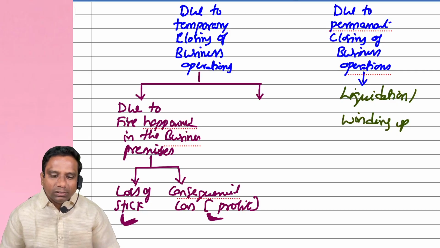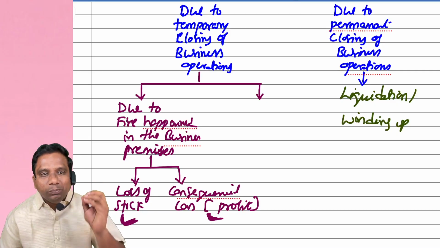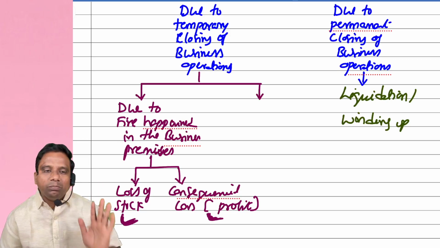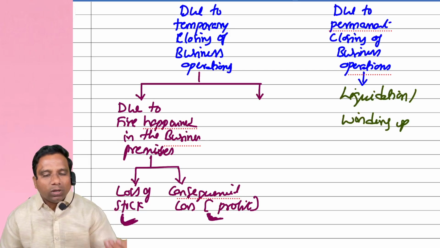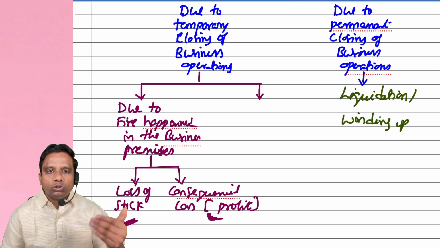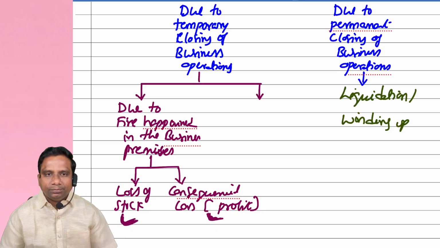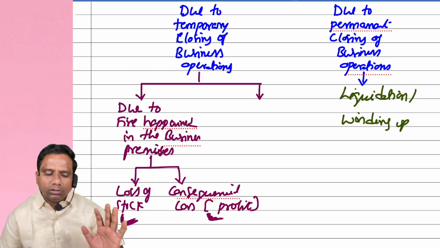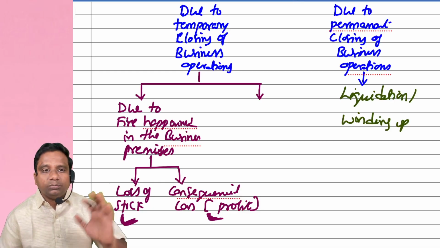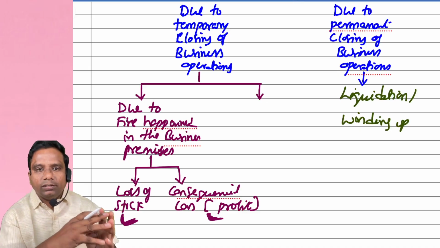In that case, I should stop my business operation for a temporary period. That may range from 1 month, 2 months, 3 months, 6 months, 12 months, 18 months, 24 months, 36 months, whatever it may be. It depends on the nature of business, how much stock was destroyed, and how the fire destroyed the building.